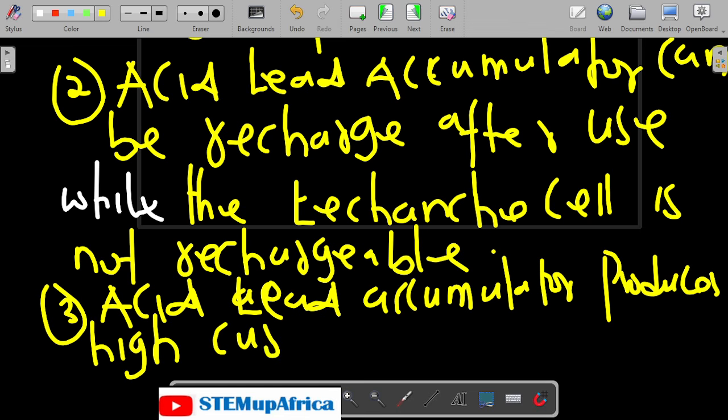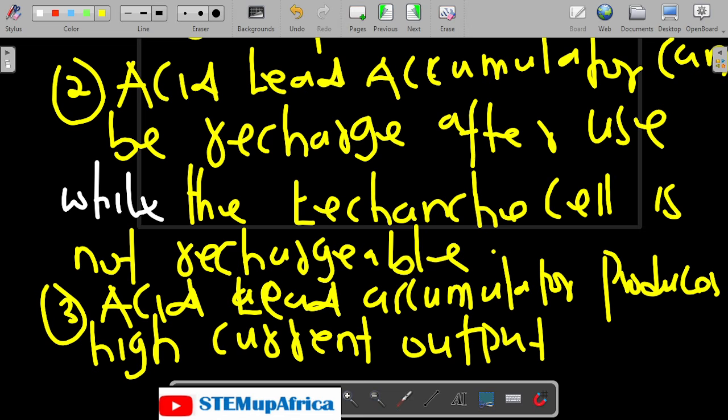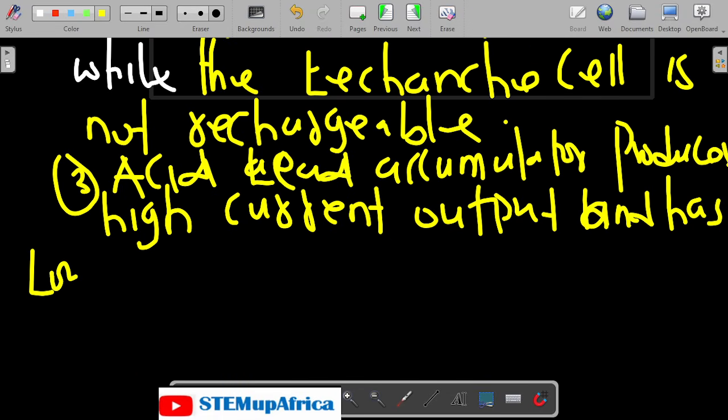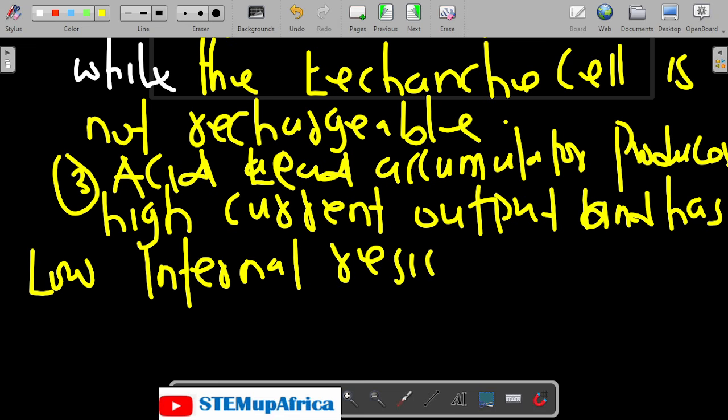A high current means it has a low internal resistance. So the opposite should be for the Leclanche cell.